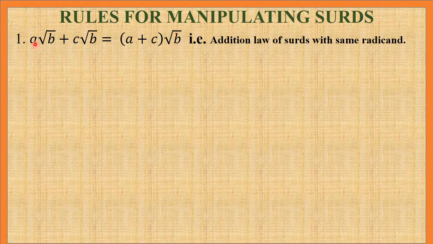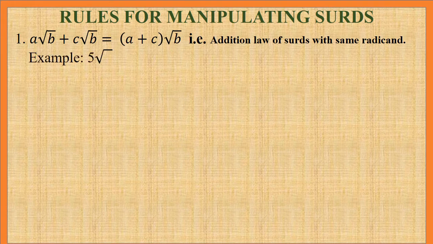That is, we add the outside terms, then because we have the same radicand under the square root signs, we pick just one and we add the outside terms. This is what we call the addition law of surds. But you should make sure that they have the same radicand.